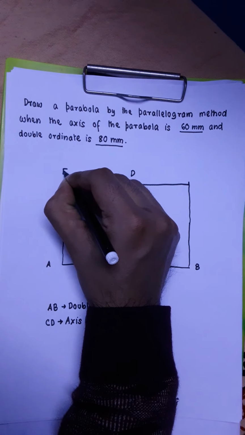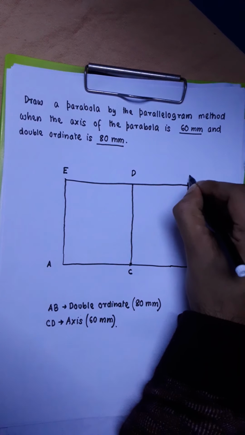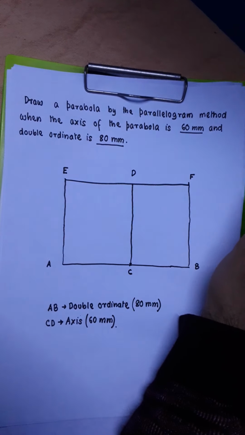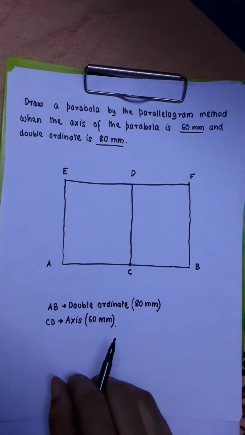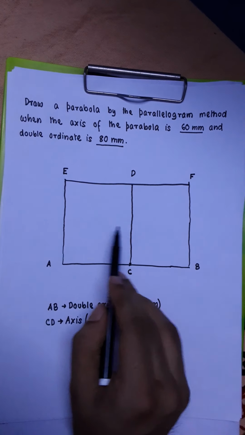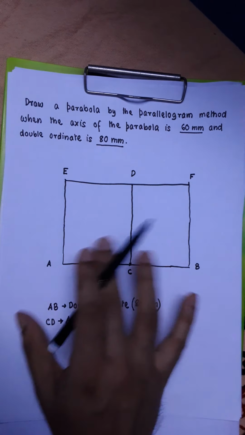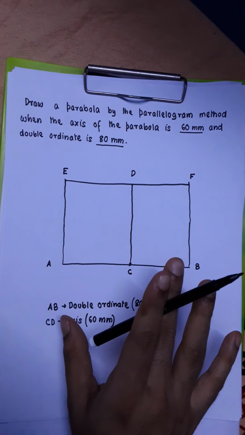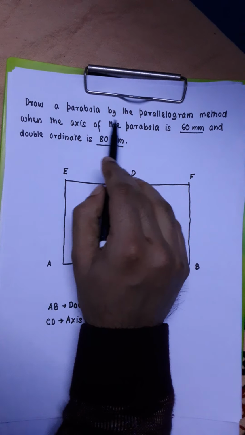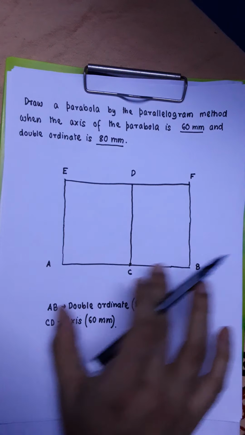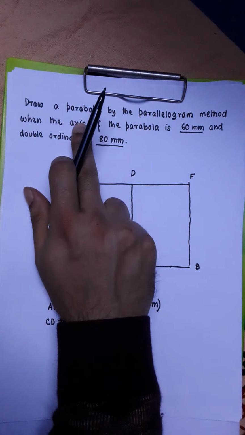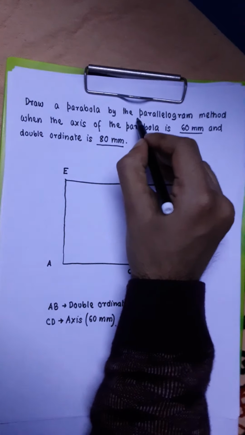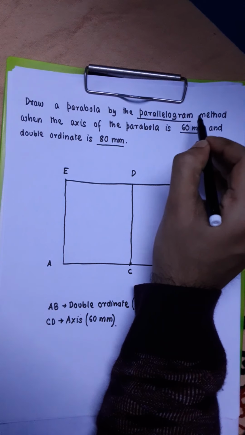Call this point E and name this point F. So you see this rectangle or parallelogram will be used for constructing this parabola. Thereby this method is referred to as the parallelogram method. We are making use of a rectangle or parallelogram to construct this parabola. Therefore this method is called the parallelogram method or the rectangle method.